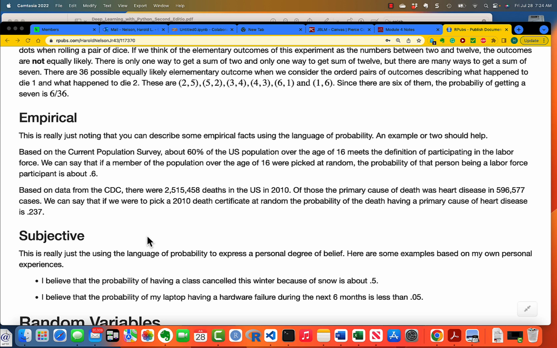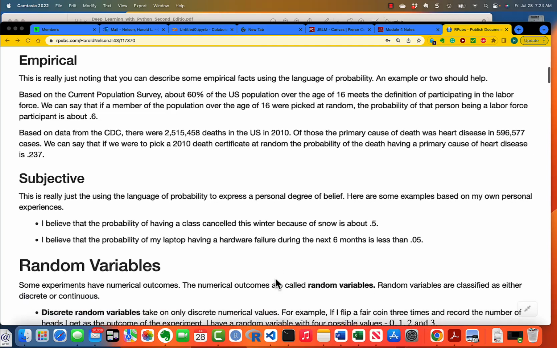And I've got a couple examples here. I believe the probability of having a class canceled next winter because of snow is about 0.5. That is, of all the years that I've experienced teaching, about half of the time I'm going to have at least one snow cancellation. Okay?